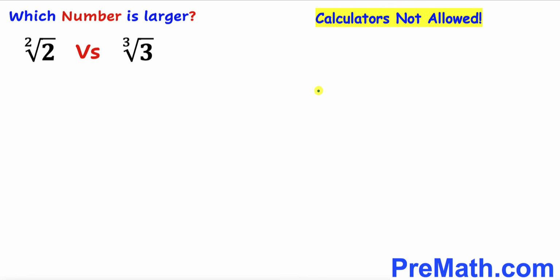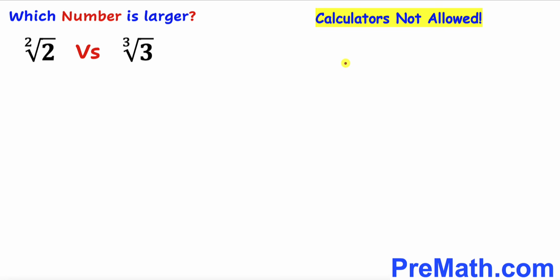Here's our very first step. Let's focus on these two radical numbers, the square root of 2 and the cube root of 3. We have to find out and justify which number is larger. Let's focus on the square root of 2 first. Here our index is 2.